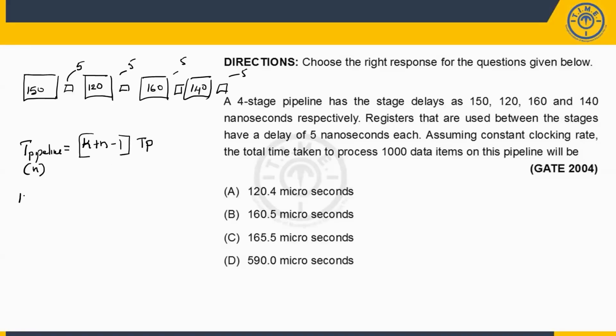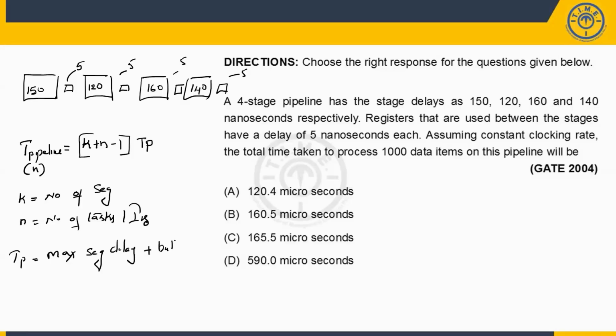Where K is the number of segments, n is the number of tasks or instructions, and TP is the max segment delay plus max buffer delay. Okay, so understand.